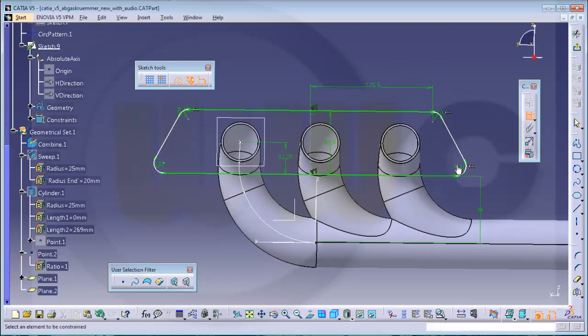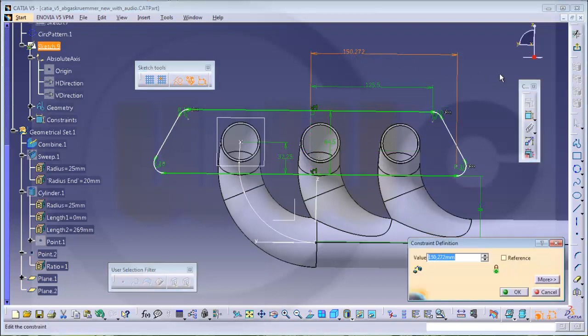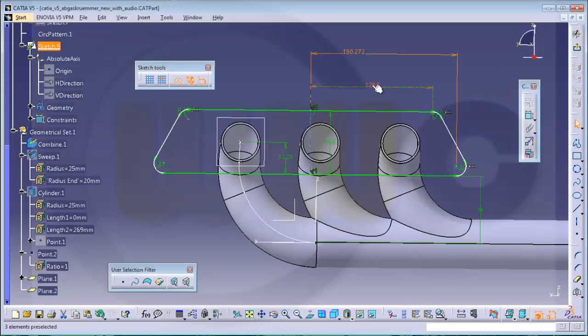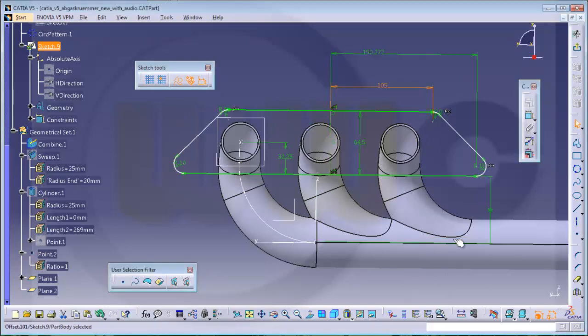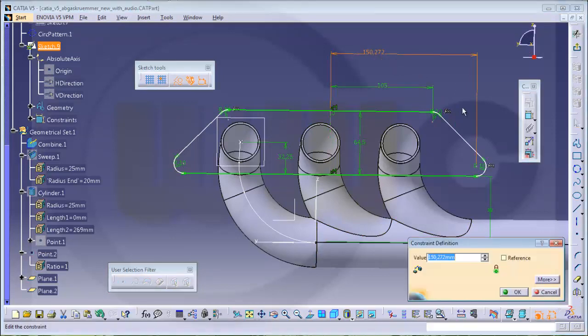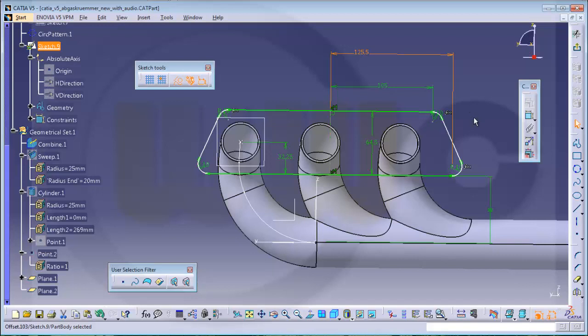And this should be, no. This should be, sorry, that's 41 plus 64, and this one should be 41 plus 84.5. That's more like it.